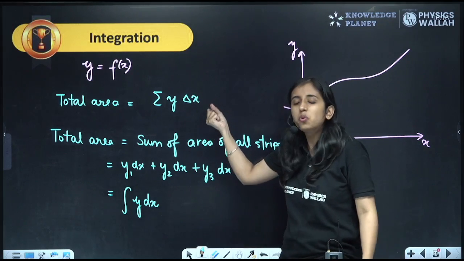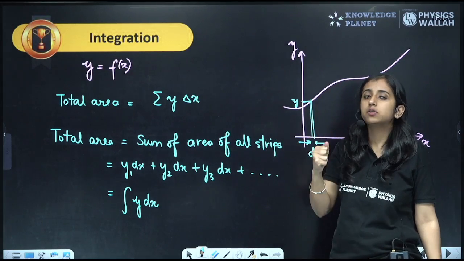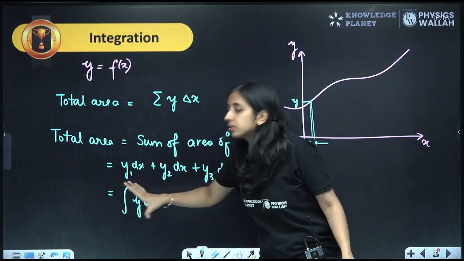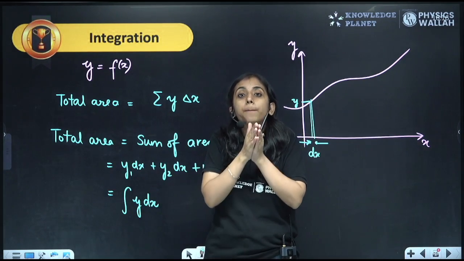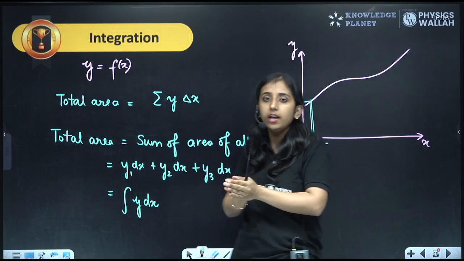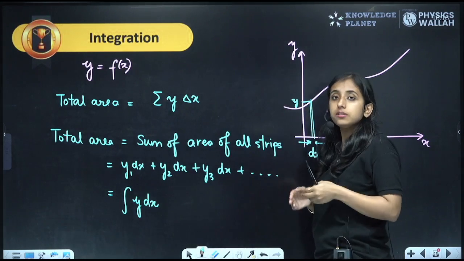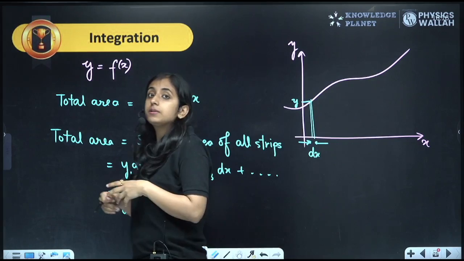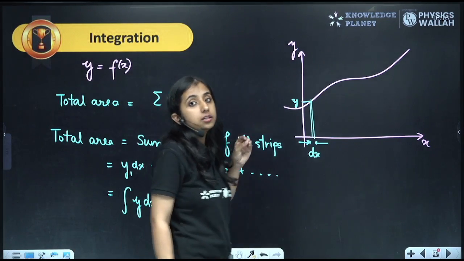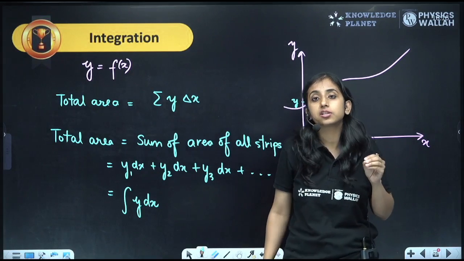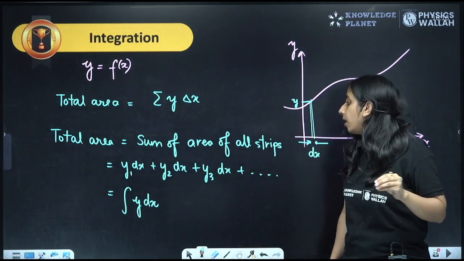When we reduce this delta x by a very small amount, this summation turns into integration. Integration means summing up, compiling it all together. So what is the physical significance of integration? Integration tells us the area under the curve.